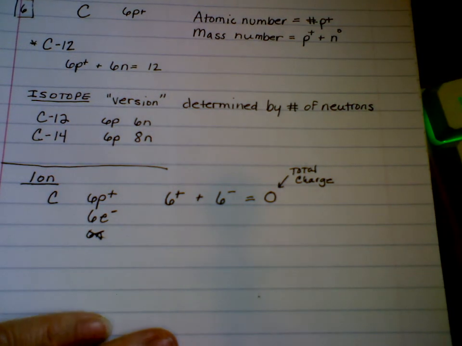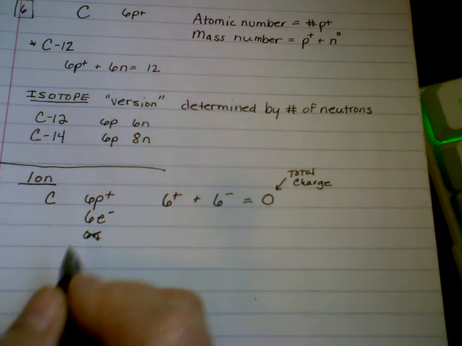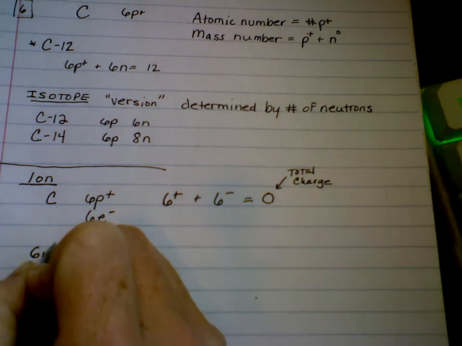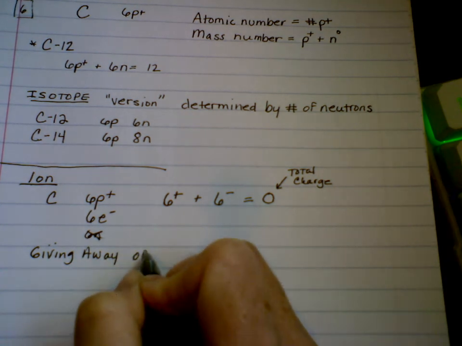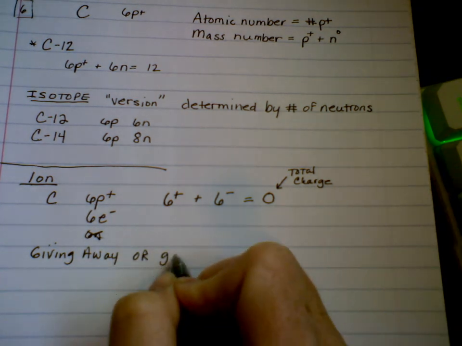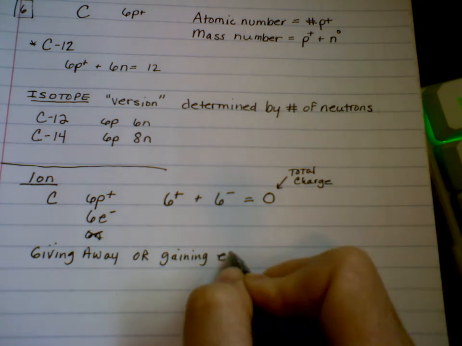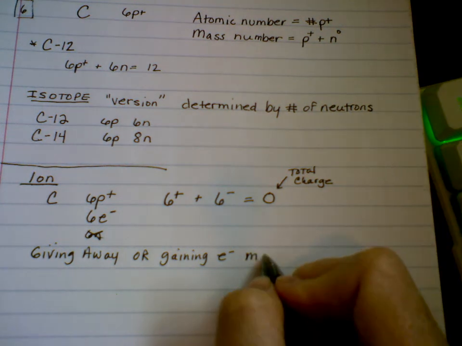Now, sometimes an atom will either give away or gain additional electrons. So giving away or gaining this makes ions.